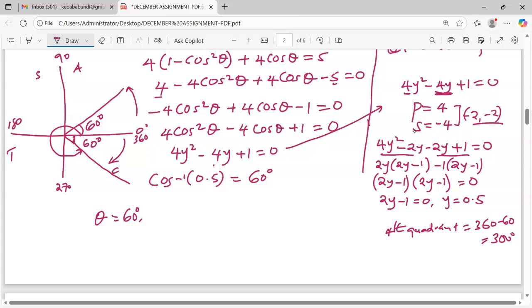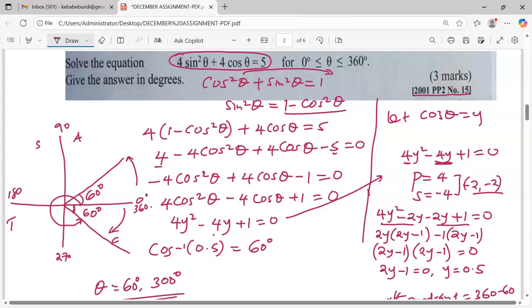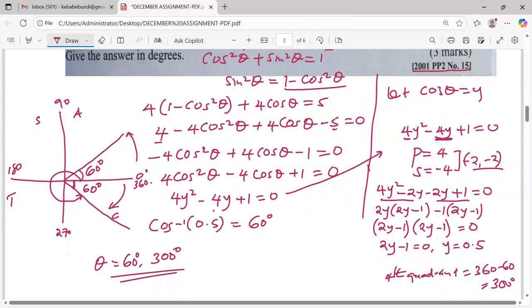Therefore, the value of theta will be 60 and also 300 degrees. These are the two angles that are going to satisfy the given range. Otherwise, if we continue again from 720, we add 60, we are going to have 780, which is going to be above the given range, and that gives us the answer to this particular question.